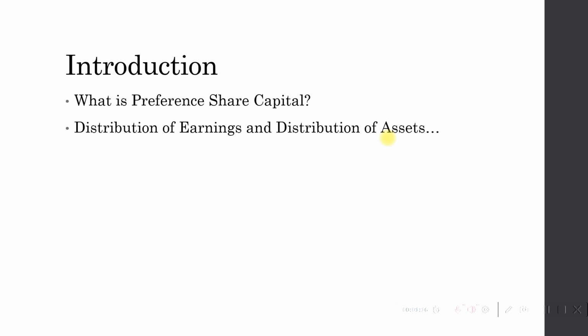That means whatever income is distributed, preference shareholders are given it first. As for the distribution of assets, whatever returns there are will be distributed first to the preference shareholders and then only to equity shareholders in the event of liquidation of the business.